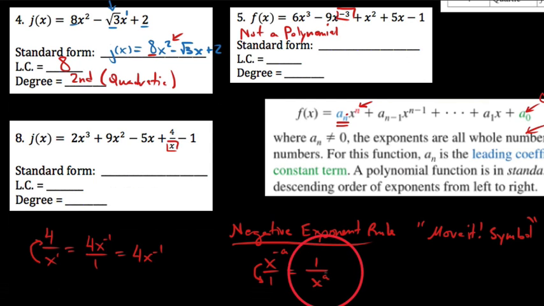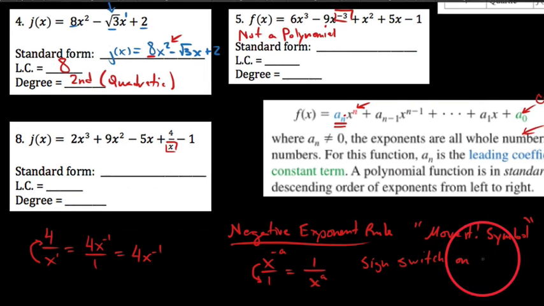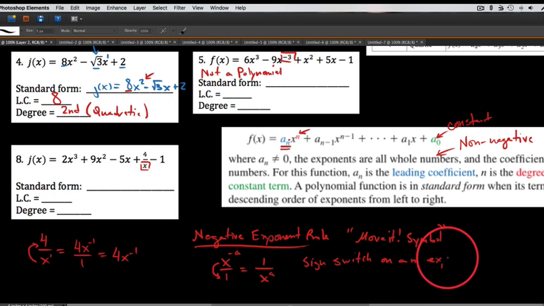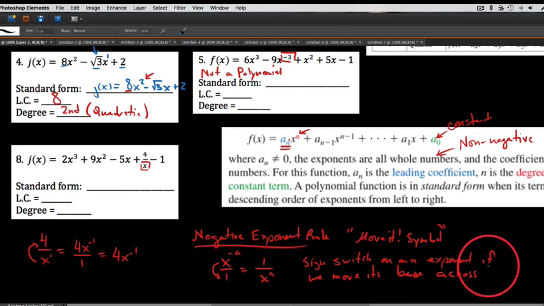The thing is, as soon as it crosses that bar, the sign switches on my exponent. So we have a sign switch on an exponent if we move its base across the bar on a fraction. And so we're going to have this come in handy in the future.